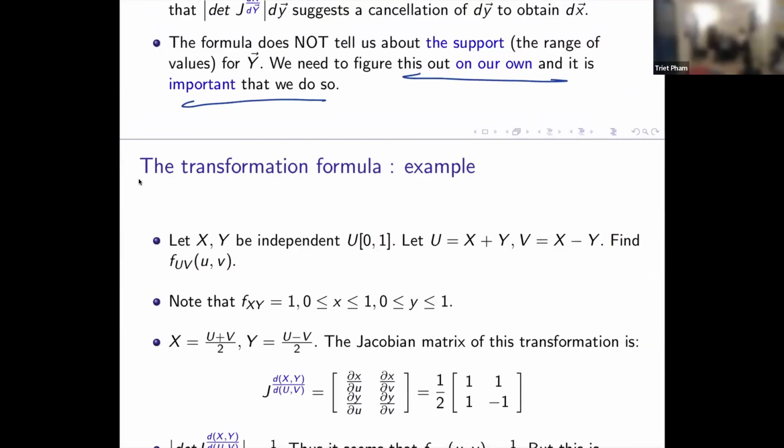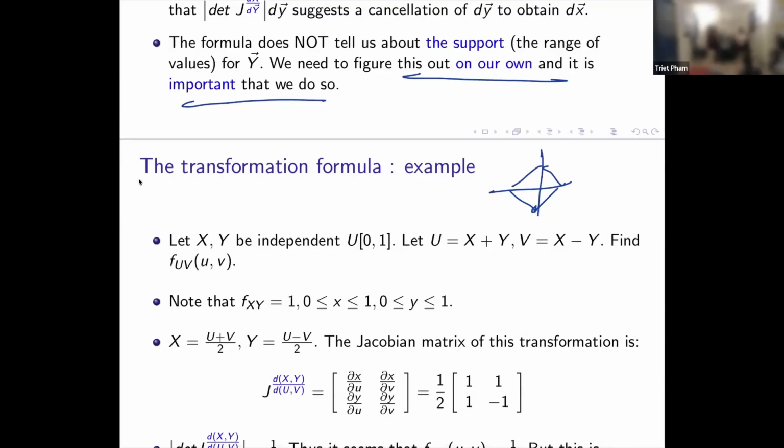What is this transformation? I think basically it will do something like a rotation like this. Intuitively, it seems like UV should still be uniform, but on a very different region. All right, well, that's a hunch.